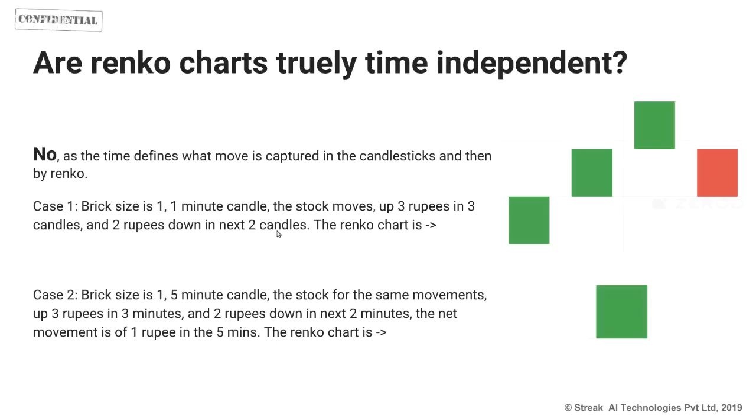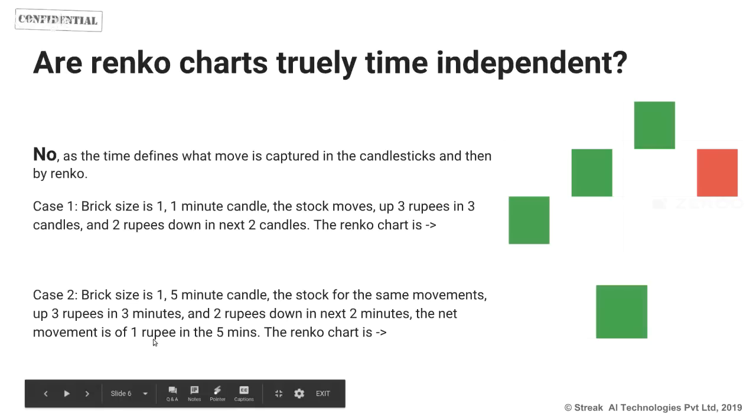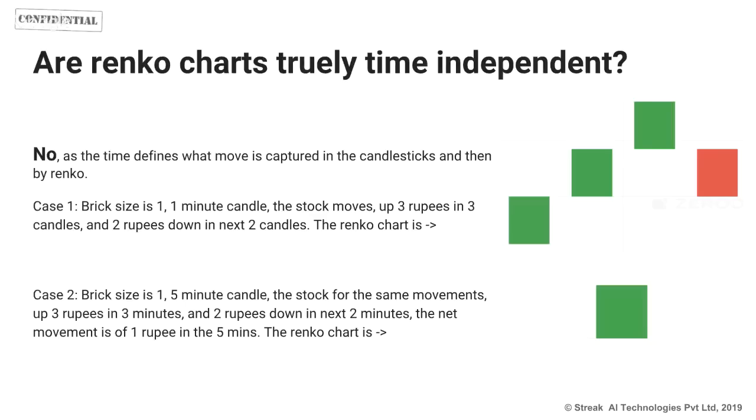Now if you change that exact same thing to a 5 minute candle, the net movement that the stock has had in the 5 minute span in which you are forming a Renko, or a candlestick, is actually 1 rupee. The price has moved up for the first 3 minutes, and then 2 rupees down in the next 2 minutes.